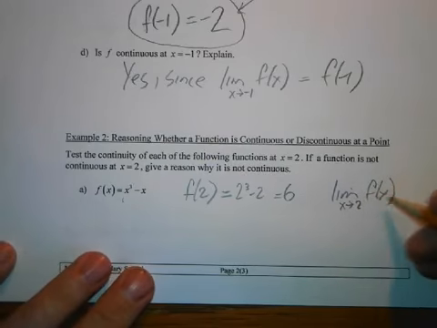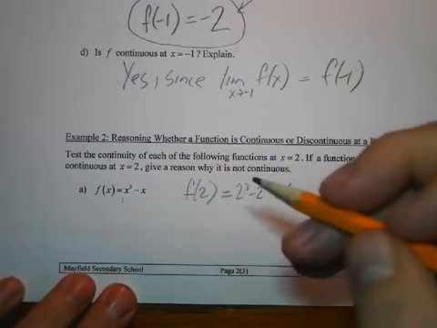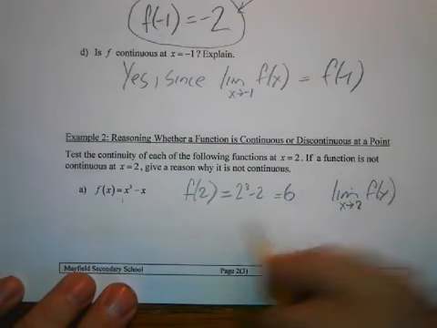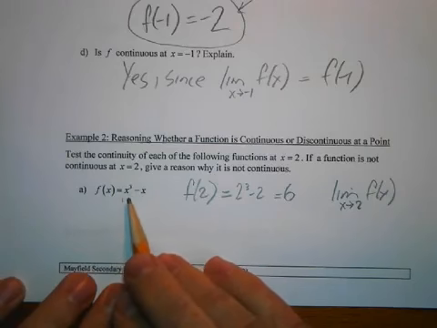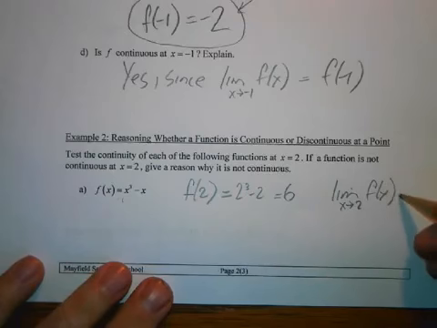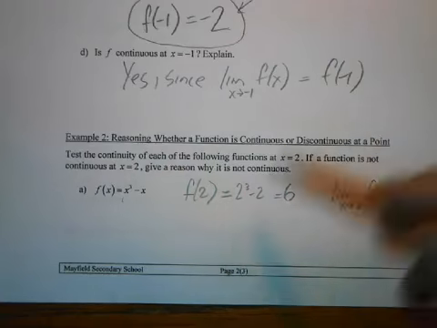Okay. Now, if you actually drew the graph of x cubed minus x, you can see that if you plug the value into each part, it's going to be the same calculation. It's going to be 2 cubed minus 2, which is 6 again. If you were to graph this function, you could definitely see it's continuous.